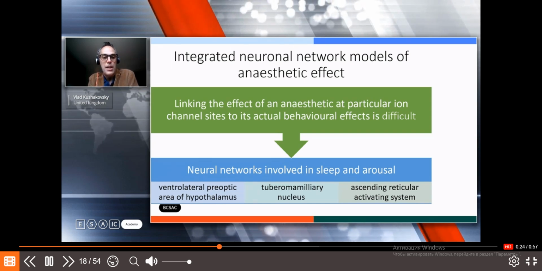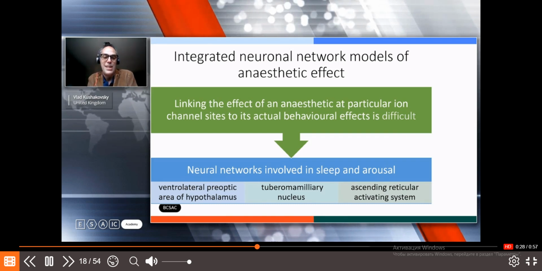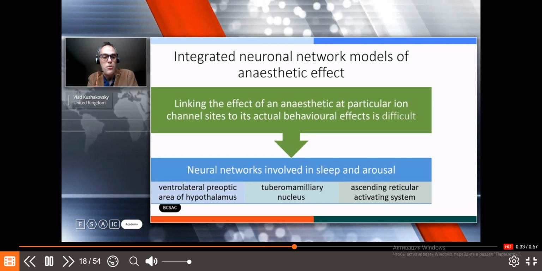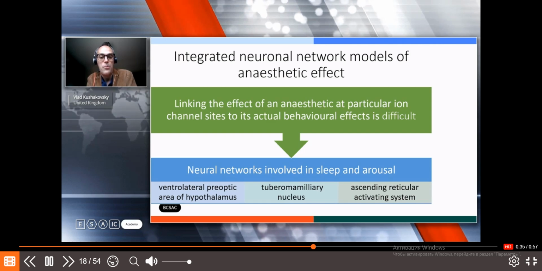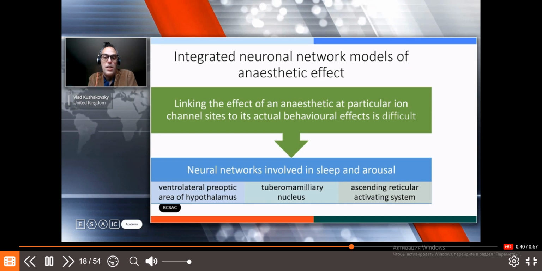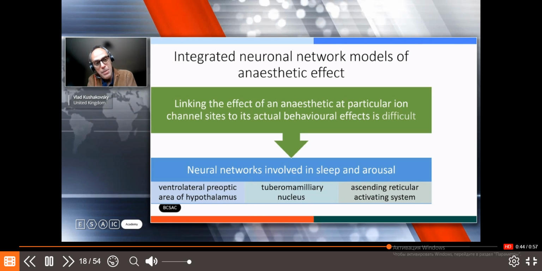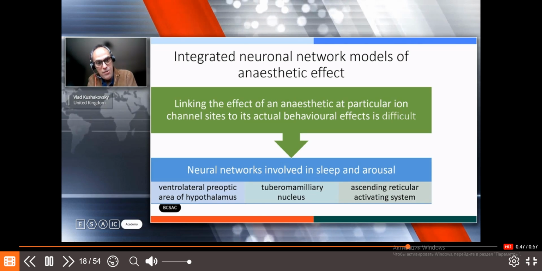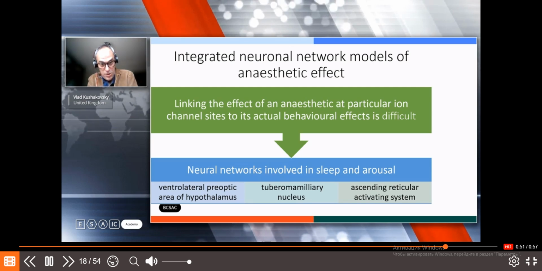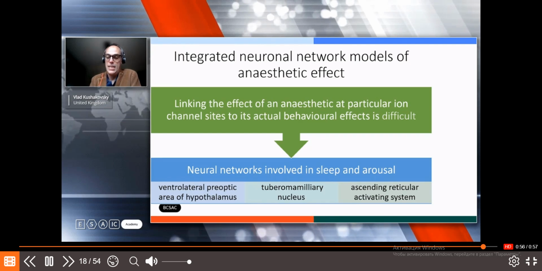And that's when the neural network model was developed, and essentially it says that disruption of neural networks involved in sleep and arousal could be the targets for action of anesthetic agents. Particular areas of interest are the ventrolateral preoptic area of the hypothalamus, also the tuberomammillary nucleus, and the ascending reticular activating system.